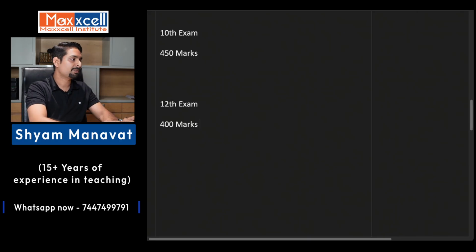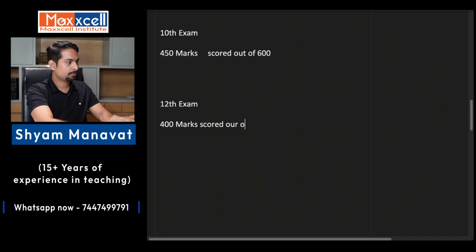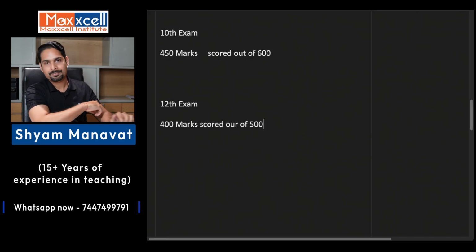So let me tell you, in 10th, let's say this 450 marks you scored out of 600. And in 12th, the 400 marks which you scored are out of 500.